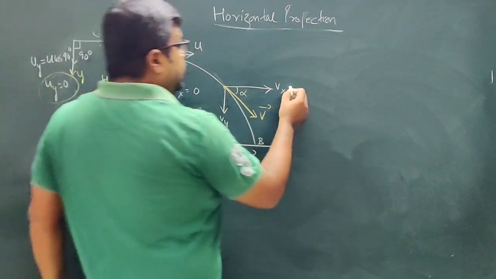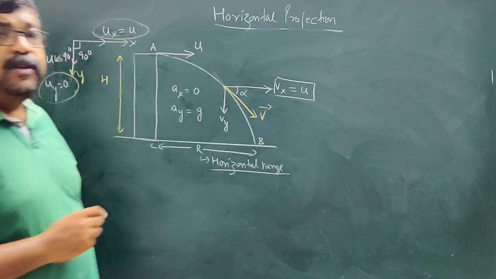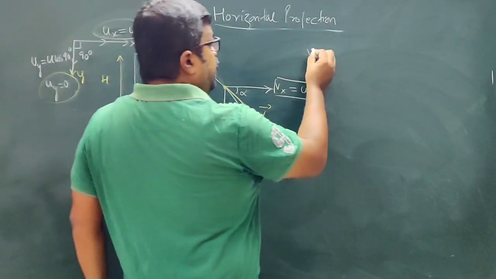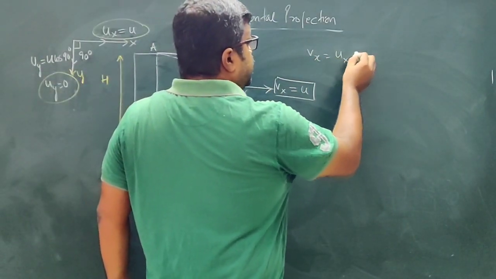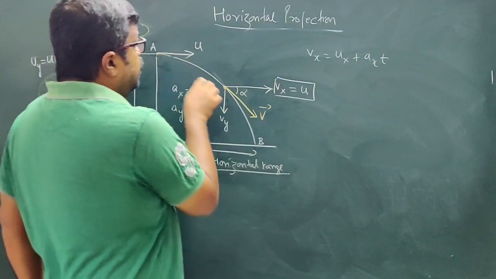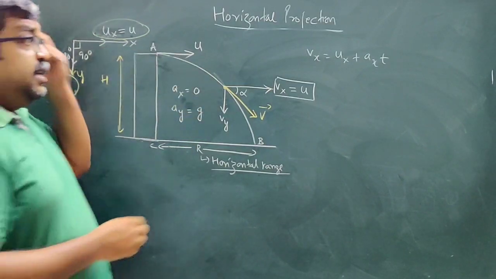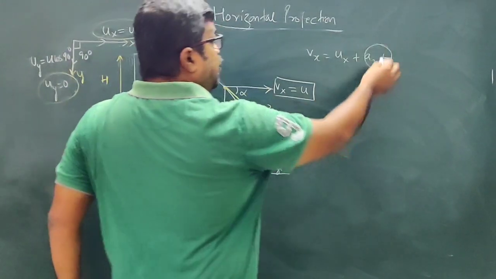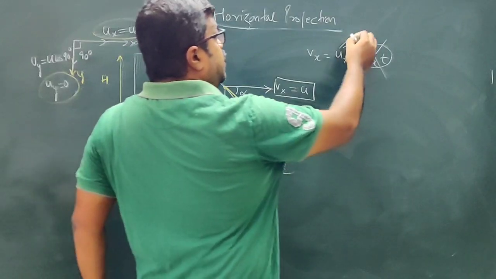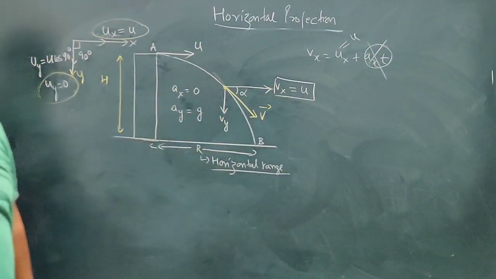Now obviously Vx is going to be equal to u. Why? Because Vx is equal to ux plus ax into t, where t is the time taken to travel from this point to this point. Now acceleration along x-axis is 0, so this term is 0, and ux is equal to u, so Vx equals u.